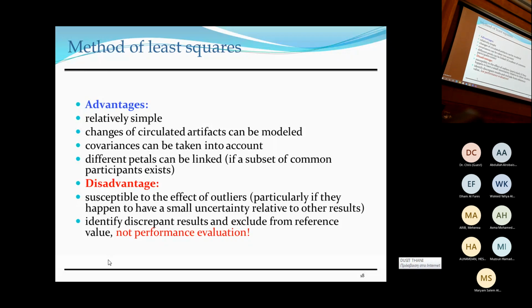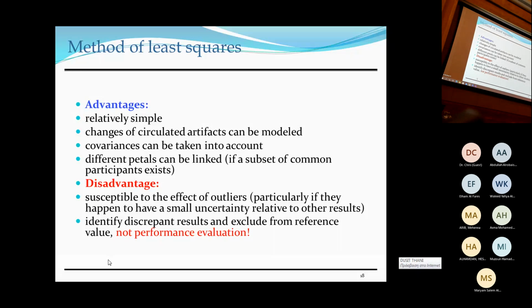For a consensus value, I mentioned that least squares, weighted least squares, is used in many instances in order to form the consensus value. So I just want to go over a little bit the method of using least squares to form the consensus value and how it works. What are the advantages? It's relatively simple.